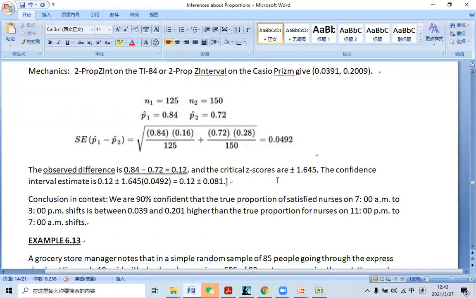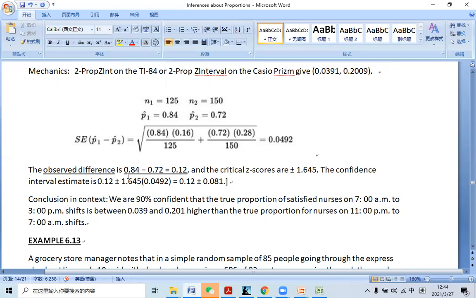And what is your estimate of the population? Your population are all the nurses in the hospital, all the nurses on the day shift, and all the nurses on the night shift. And this you are going to estimate.